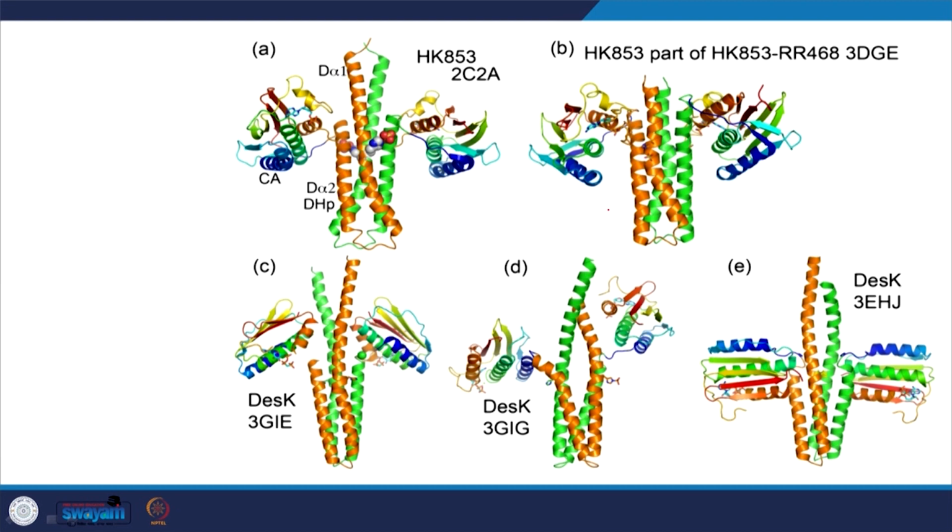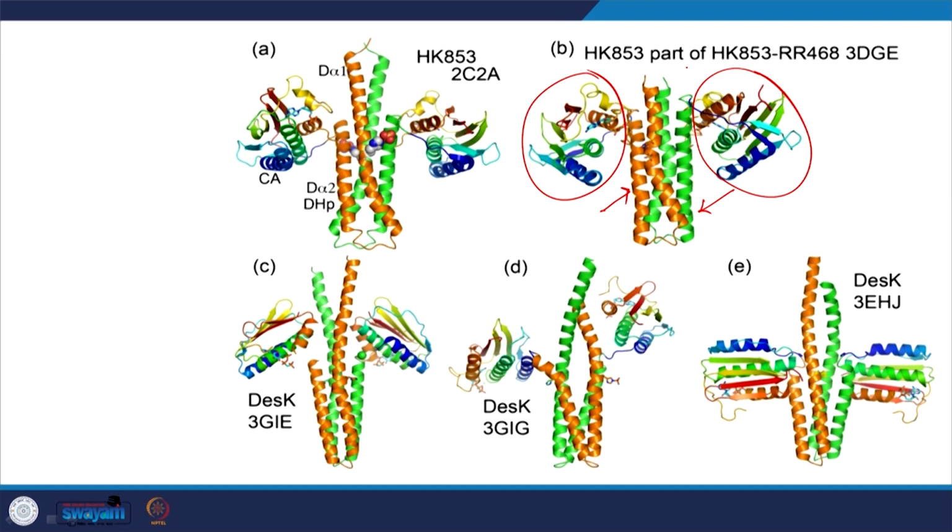You will see that they have the dimerization domain made by these orange color and green color alpha helical domains. These are the kinase domains. You will see mostly similar architecture of protein in all the histidine kinases.